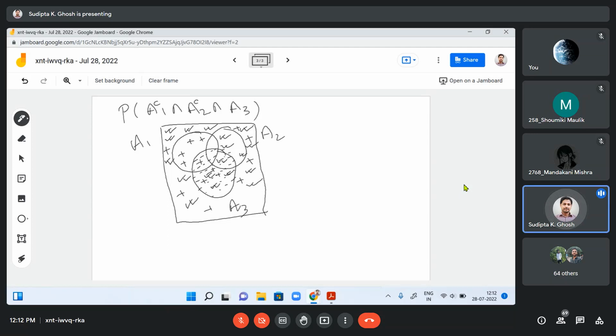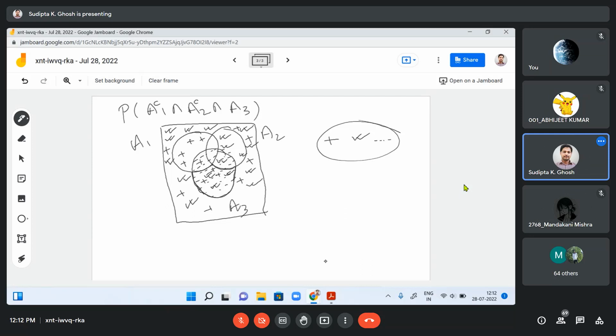Now tell me, if I take the intersection, in which part are the plus, double tick and dot all common? The lower part of A3. Can I say this part? That is the part. The Venn diagram is extremely important.